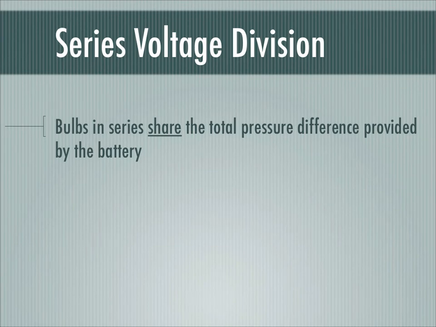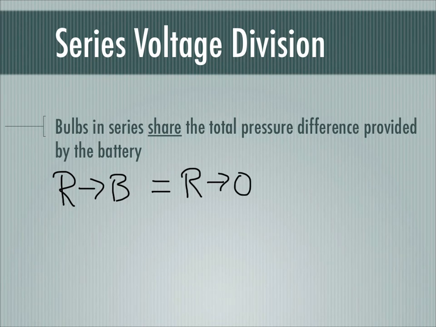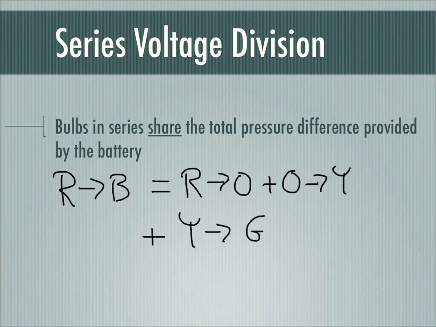So what we mean by that is, if the total pressure difference provided by the battery is red to blue, that's the full pressure difference of the battery, that could equal red to orange plus orange to yellow plus yellow to green plus green to blue.